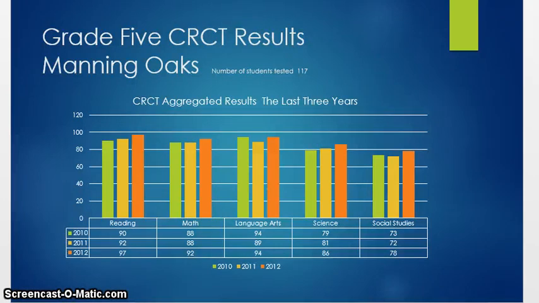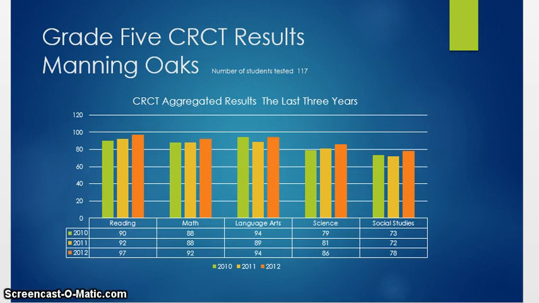Language arts started off fairly strongly and again dropped off the second year that we're looking at, and then made another 10% gain from 2011 to 2012. Comparing grade 4 and grade 5, the same type of trend occurred. 2010 was strong, students decreased in meeting or exceeding standards, and then again picked up and made improvements.